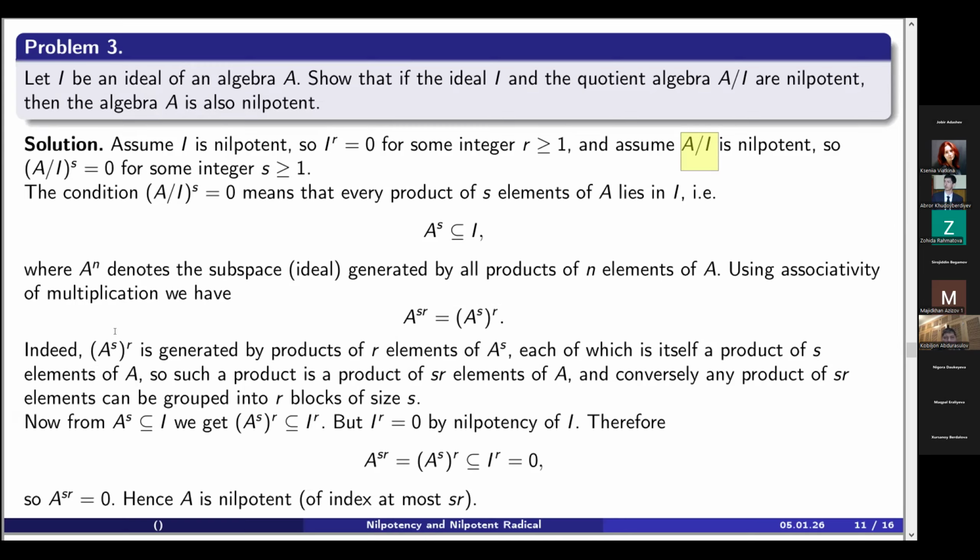Indeed, these generate by products of R elements of A to the power of S, each of which is itself a product of S elements of A. So such a product is a product of SR elements of A, and conversely, the products of SR elements we can group into R blocks of size S.